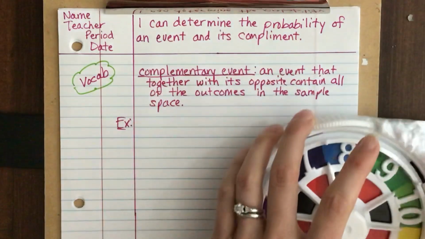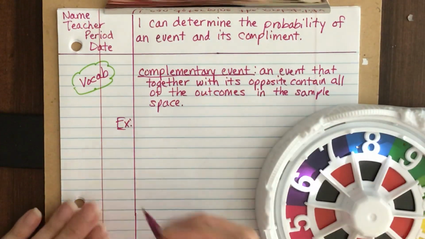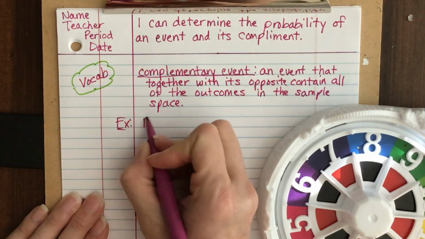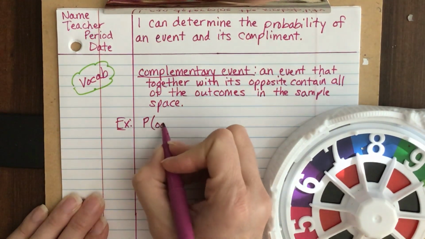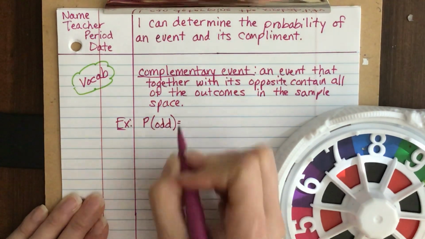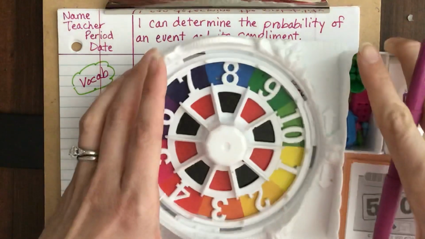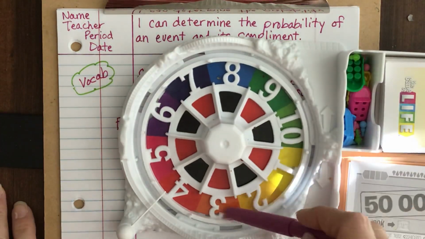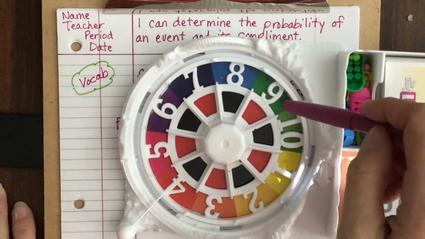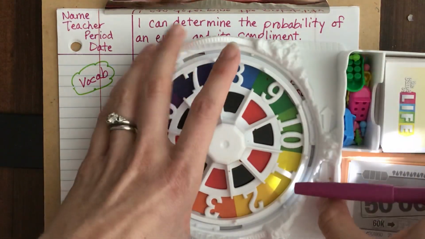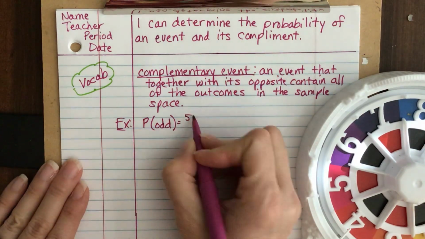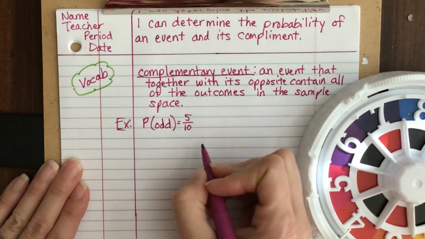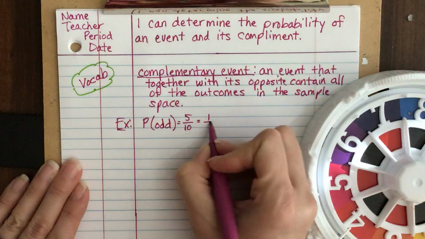So we can say, what is the probability of getting an odd number? If you look at our spinner, we have 1, 2, 3, 4, 5 odd numbers out of 10. So we have 5 out of 10 for the probability of getting an odd number, which we can reduce to 1/2.